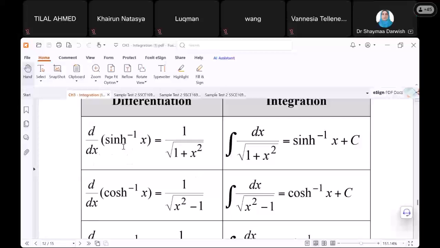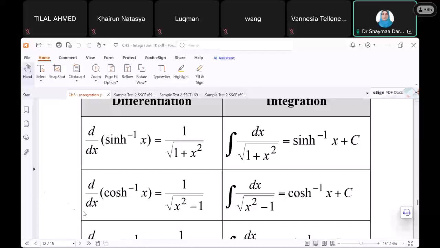The derivative of sine inverse x is equal to 1 over square root of 1 plus x squared. This means the integration of 1 over square root of 1 plus x squared equals sine inverse x. The integration of 1 over square root of x squared minus 1 equals cos inverse x.